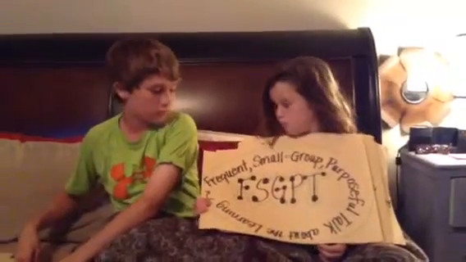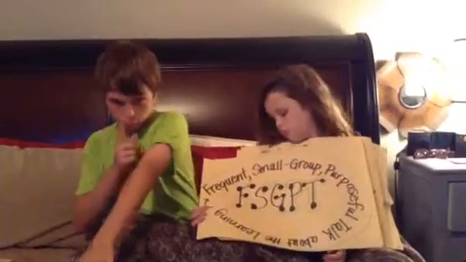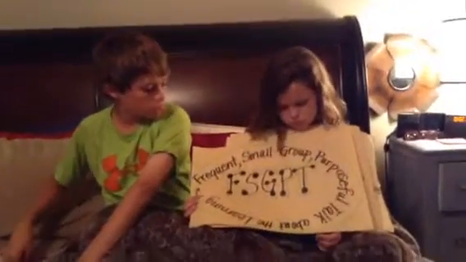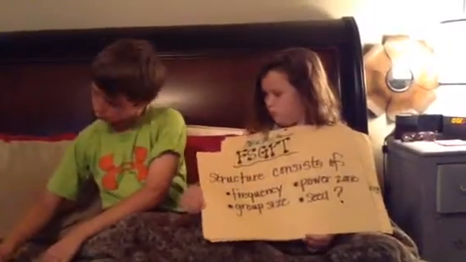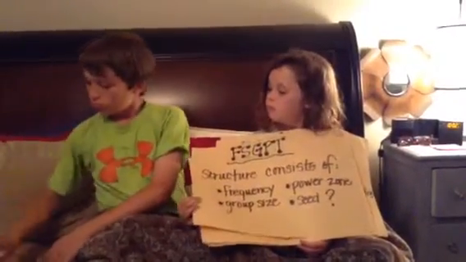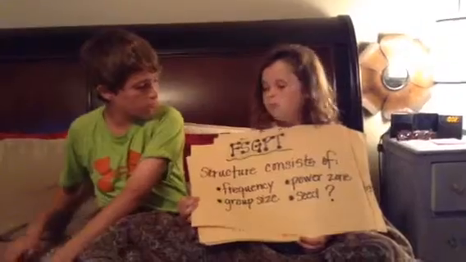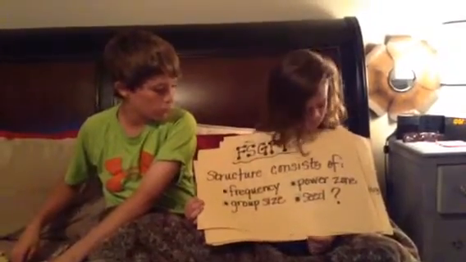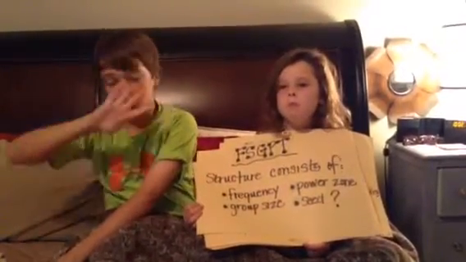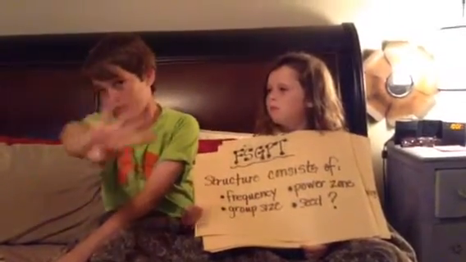Okay. Our next of the Fundamental Five is frequent small group purposeful talk about the learning. The structure of this really consists of 4 things: frequency, group size, the power zone, and seed question.